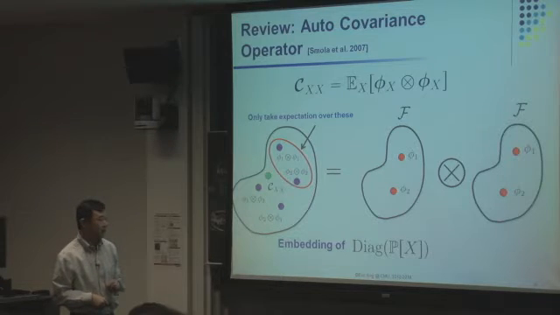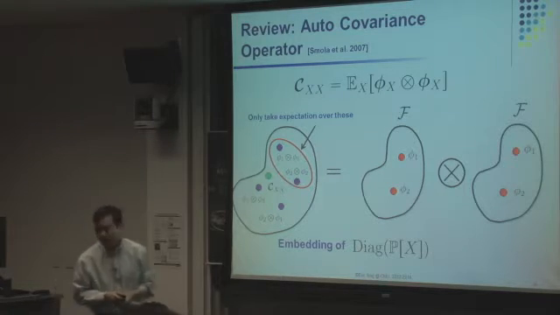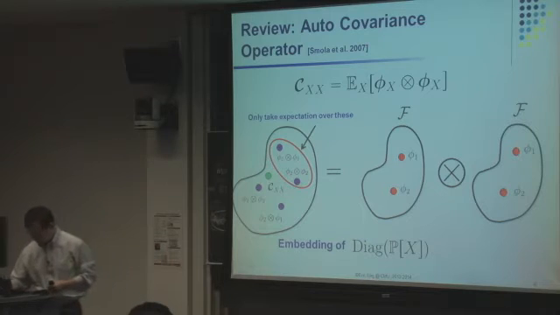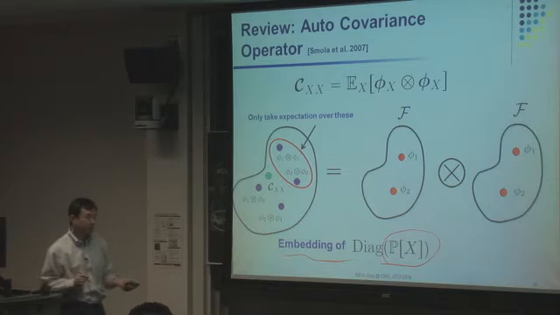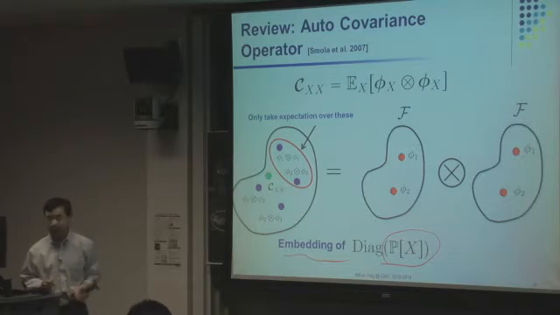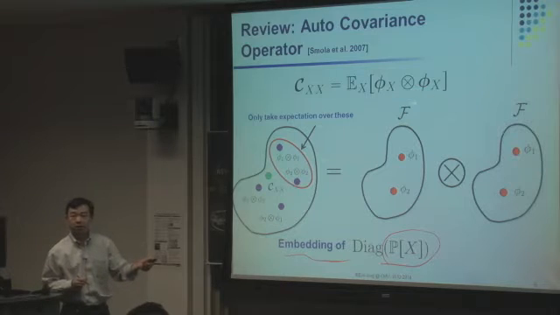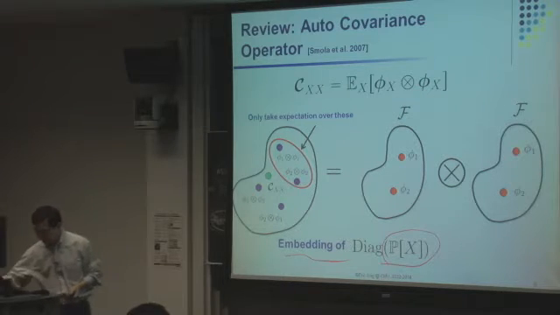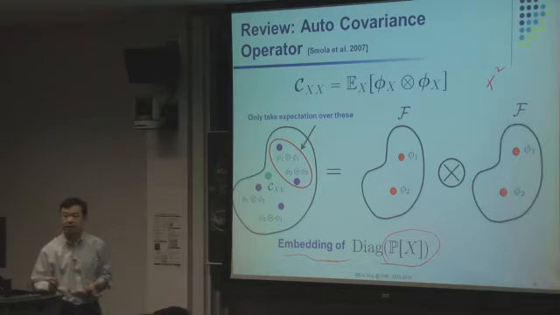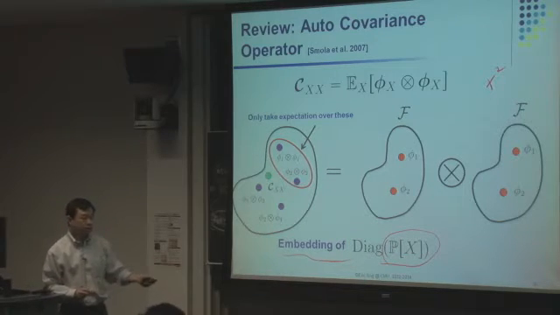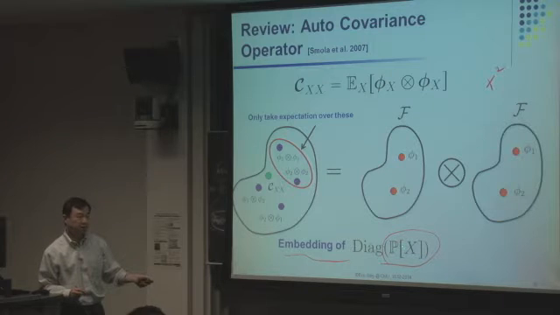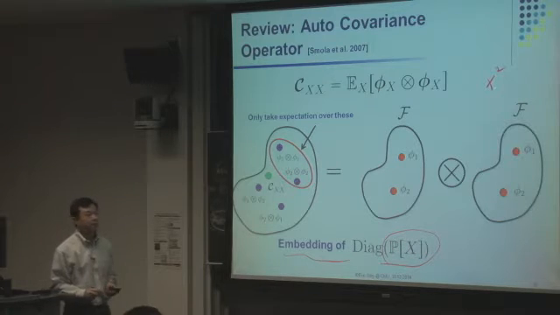But be a little bit more careful, because this is just an embedding of this. The actual form is an outer product between two feature functions, which roughly corresponds to the autocorrelation x squared. So in this case, the embedding is not to embed x itself, but to embed this one.